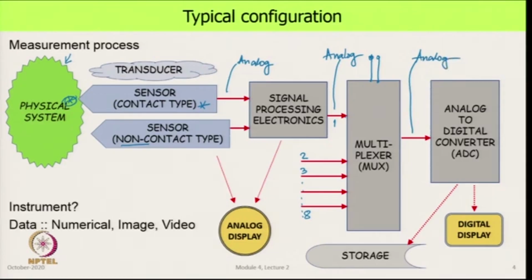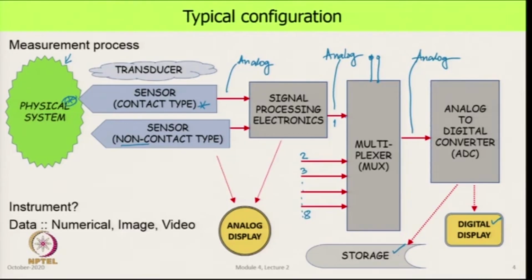And then we get to the device, which is the analog to digital converter. So, this takes this analog signal and makes it into a digital signal, which can either be then sent here to the storage or it can be displayed.